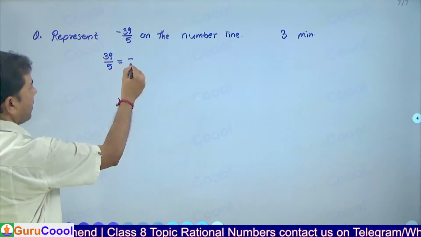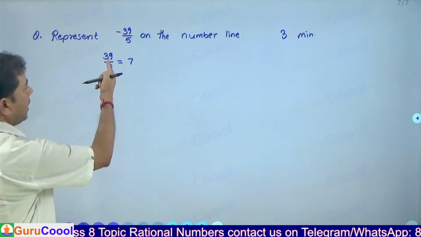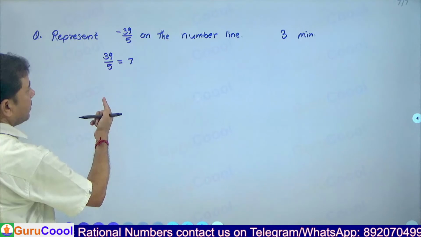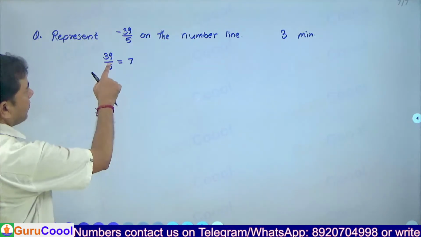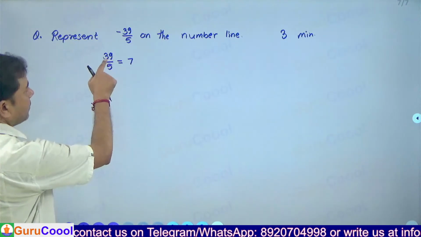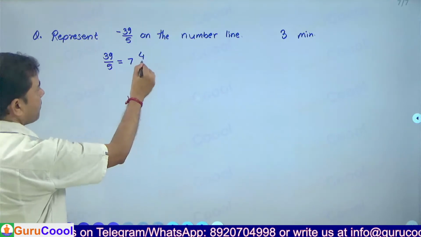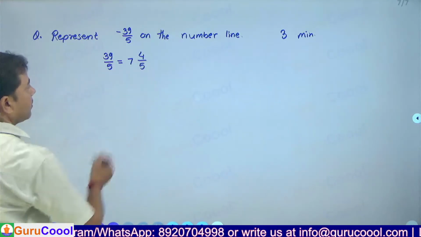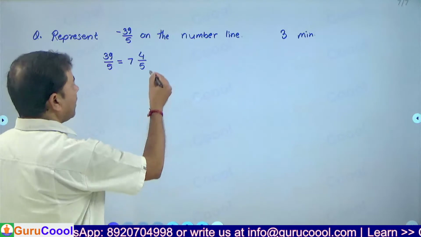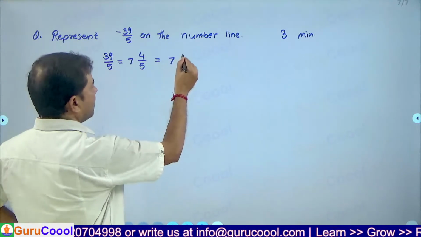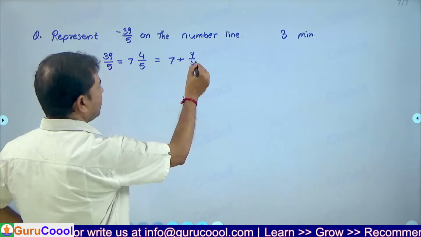So 7 can be taken as the whole number, and this is 4 more than 35. So 4 is remaining. 7 and 4 by 5. That means 7 plus 4 by 5.